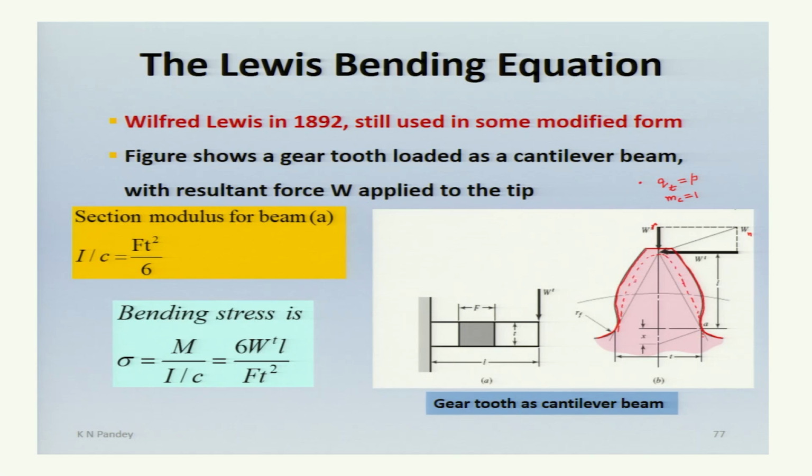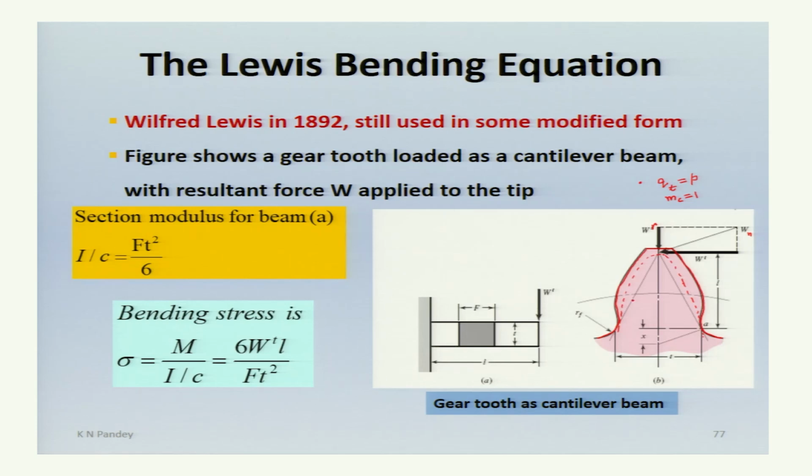Okay. This is the beam of uniform strength, and on this beam, at its tip, the tangential load Wt is acting and the radial load Wr is acting.